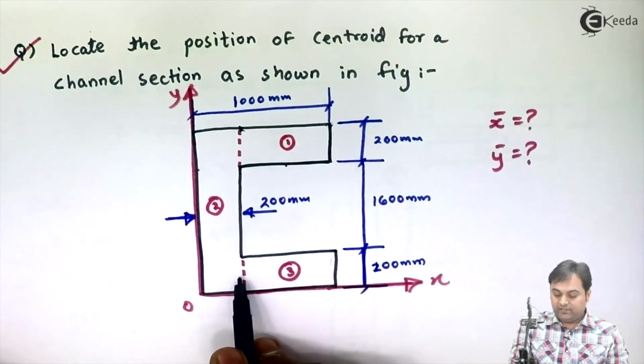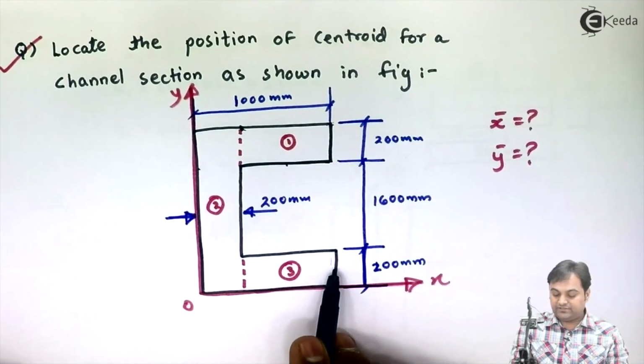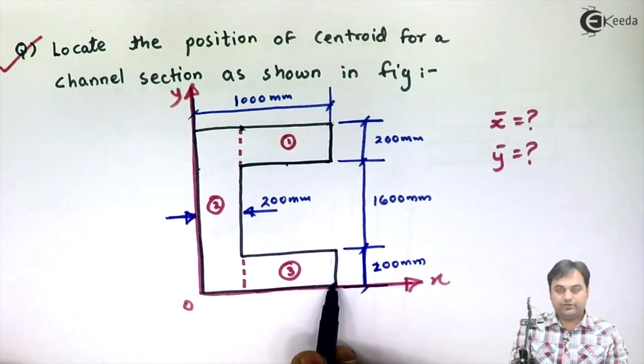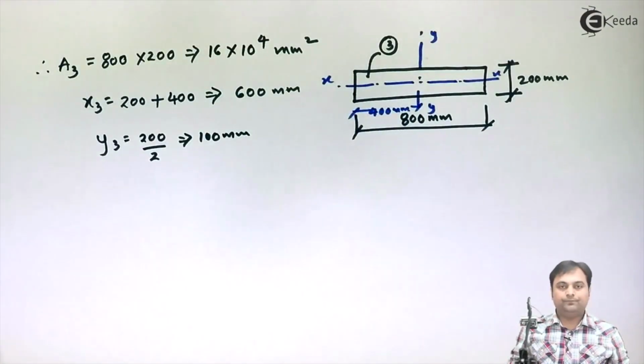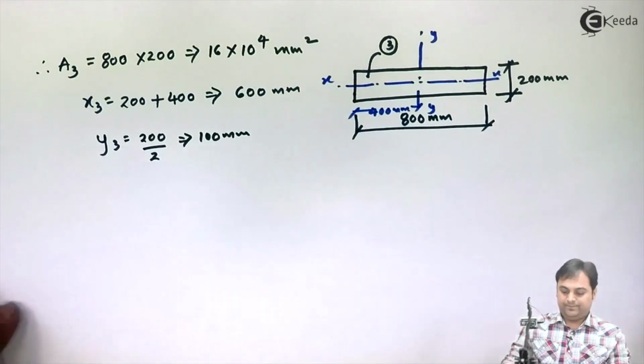So its distance from the x-axis will be half of 200. Now after getting all these values, we can easily find x bar and y bar.